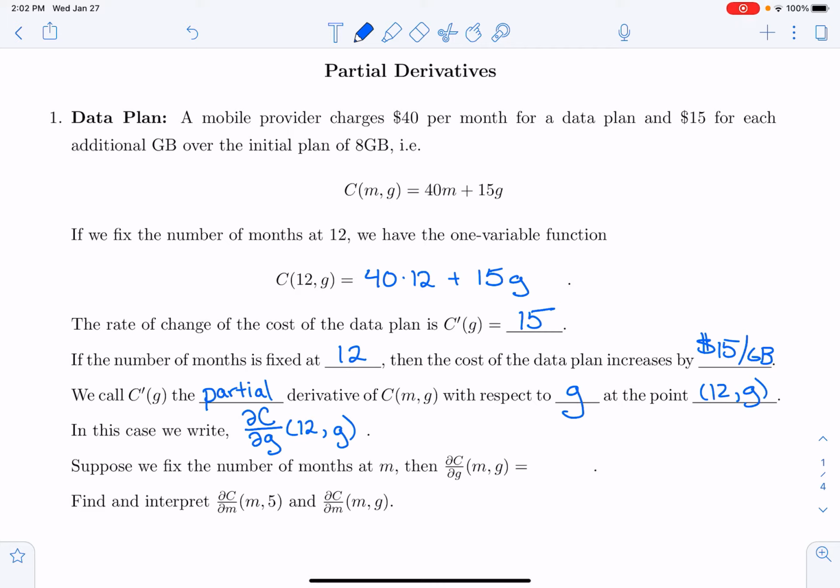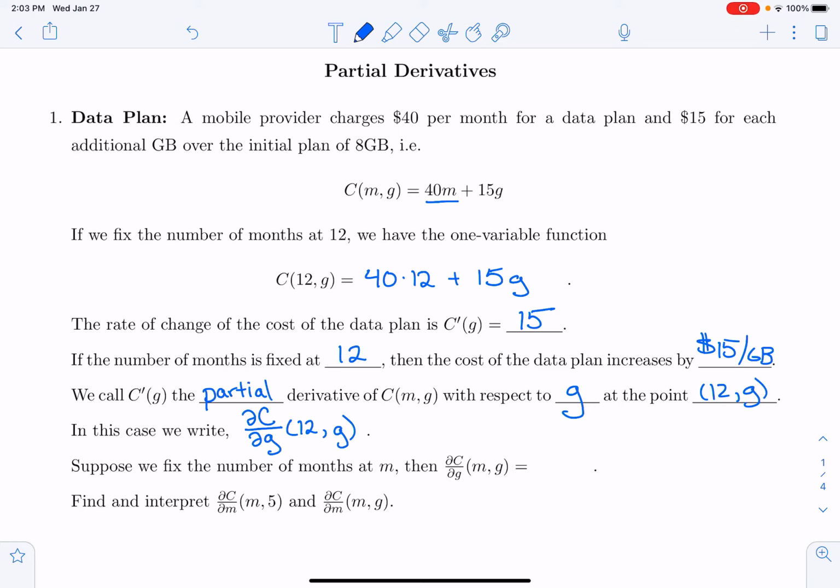Well, now let's fix the number of months not at 12, but at some fixed number M. So we're going to pretend that M is a constant. Well, then what is dC dG? Well, if M is a constant, and I'm looking at 40 times M in my function C of M, G, the derivative of 40 times M should be 0, because M is constant, and so 40M is constant.